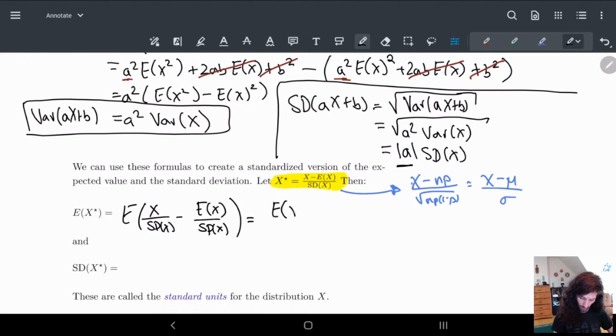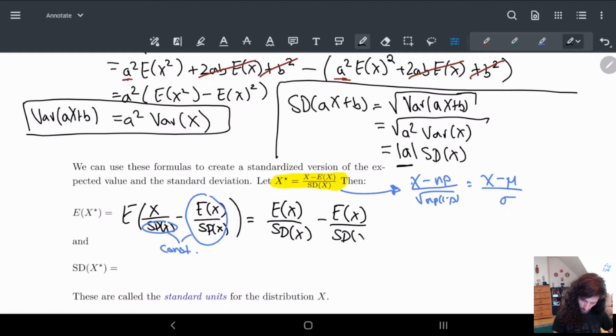And the bottom part is a constant as well. So we have this, which is nice. We just get 0. It doesn't matter what your random variable is. This standardized version, this x star, will always, always, always give me 0.